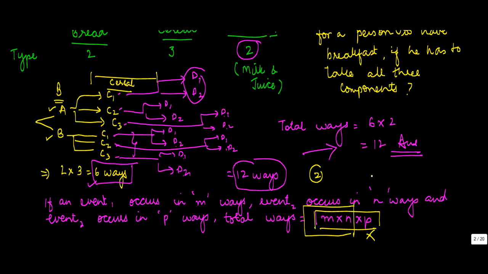And that's true for any number of events. So if there was E4 as well, then it would have been M into N into P into Q.